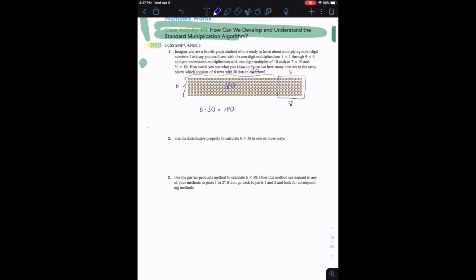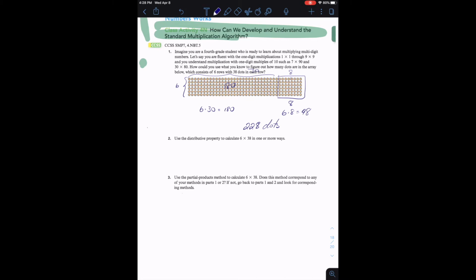And then within the second rectangle, 6 times 8 is 48. And so together it's going to be 228 dots. Right? So that's something that children will quite readily do.